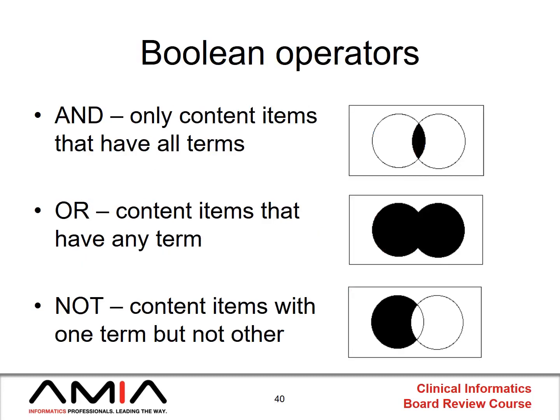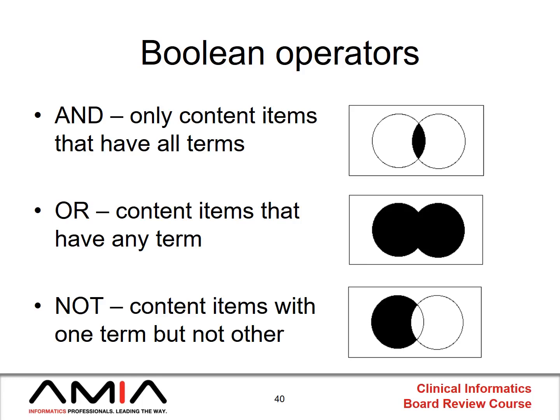Let's review the Boolean operators and, or, and not. And and or tend to be used much more heavily than not. And is the intersection. So when we use an and to combine two search terms, we'll retrieve only content items that have all of the terms. And is good, for example, when we want to take a specific disease and a treatment, we can narrow things down much more than just taking the disease itself or the treatment itself.